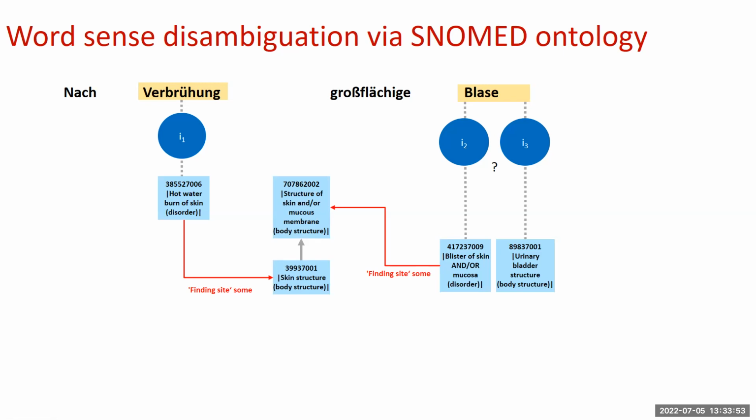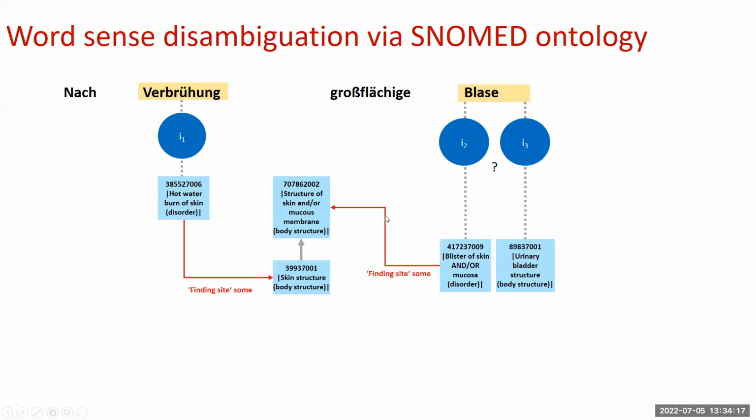And then if you just follow the paths in SNOMED CT, which are essentially what's in the relationship file, or, if you translate it into OWL, which constitutes all these OWL axioms, you see that blister of skin also goes to structure of skin, and here finding site some skin structure, which also is a specialization of this.